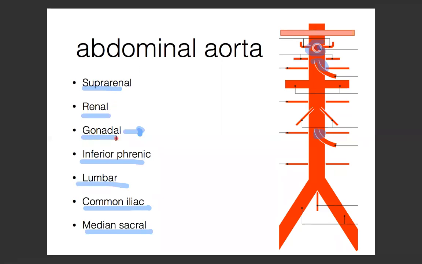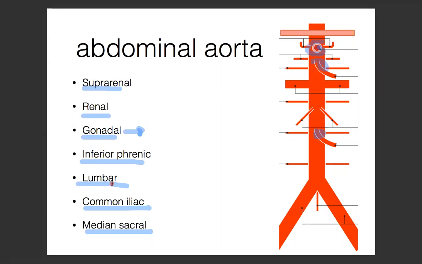Then the gonadal, two of them, right and left: testicular in males, ovarian in females. If you're being general you just say gonadal. The inferior phrenic come out right below the diaphragm, so they're the first ones, even above the celiac.